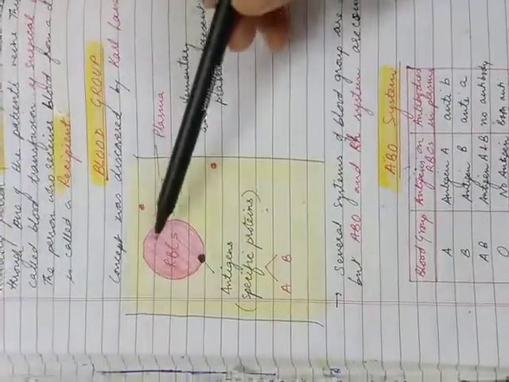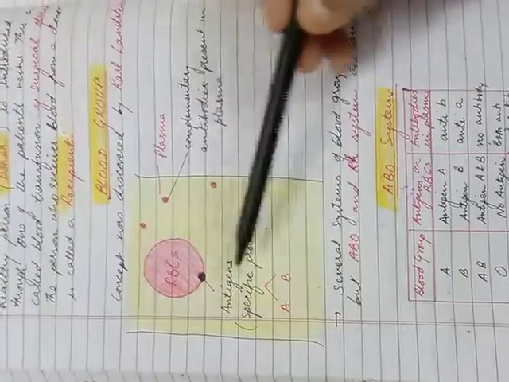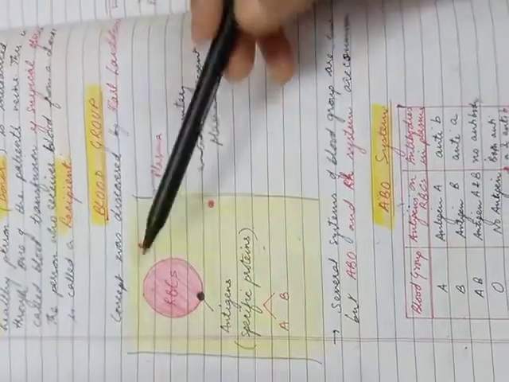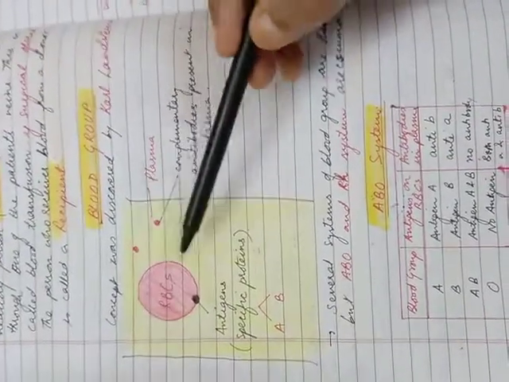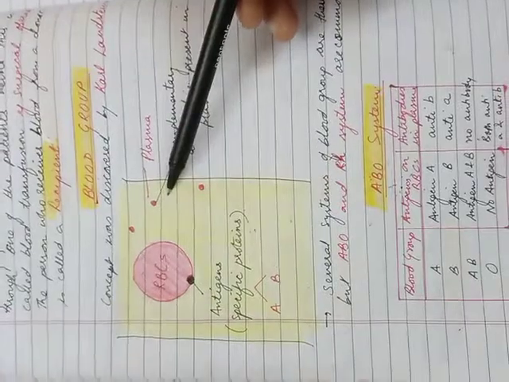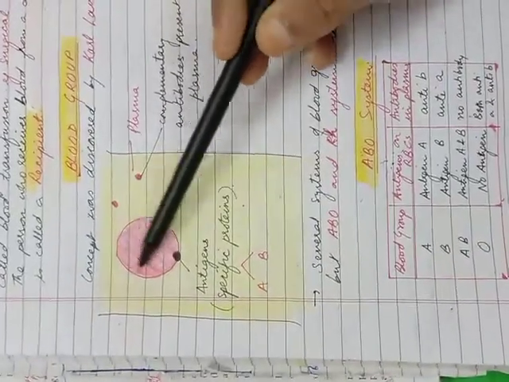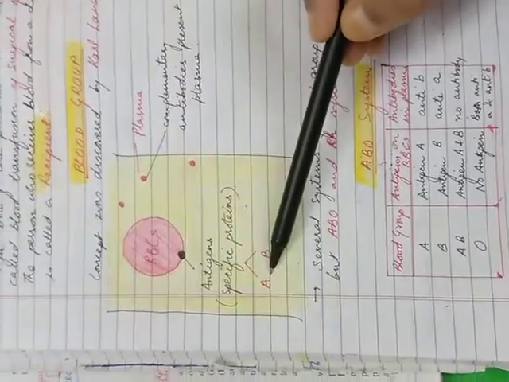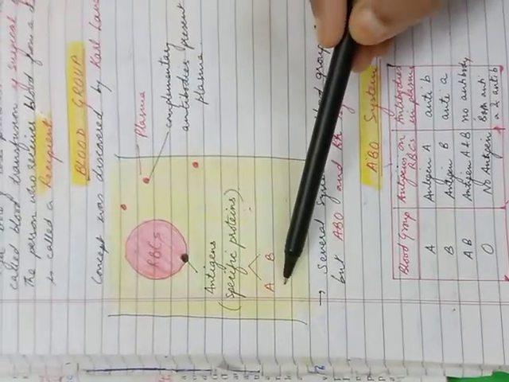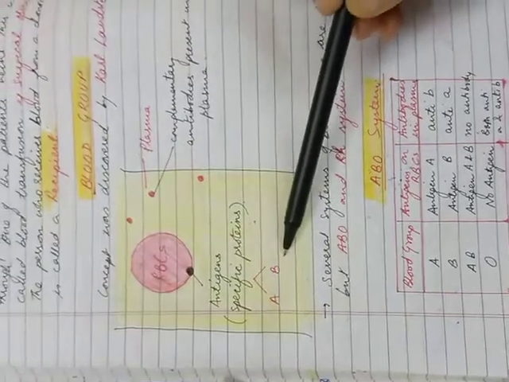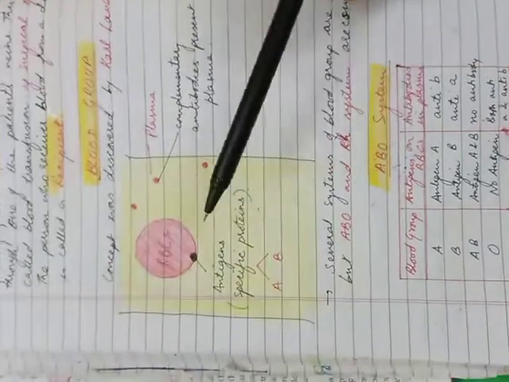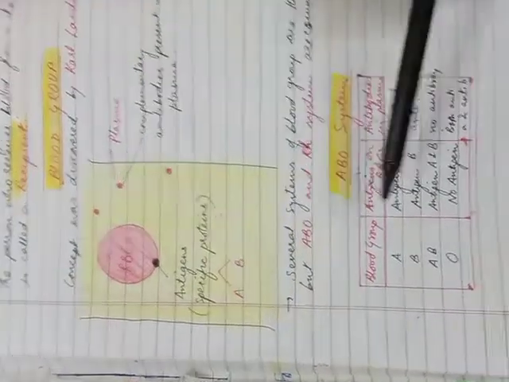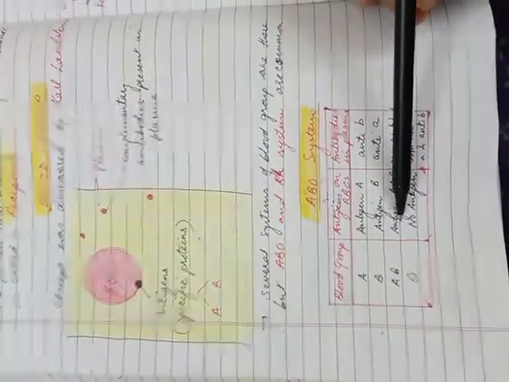There are two types of antigens on the surface of RBCs. The first type of antigen, or protein, we call antigen A, and the other type we call antigen B. Depending on the presence or absence of the antigens, there are four types of blood groups.